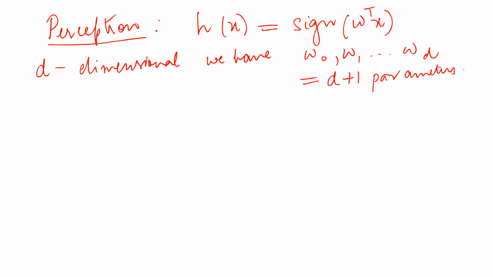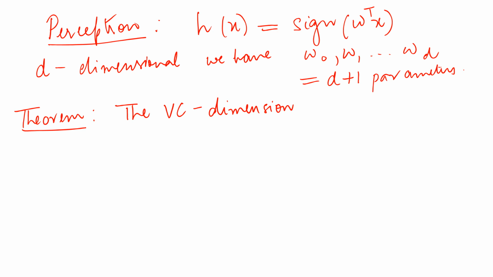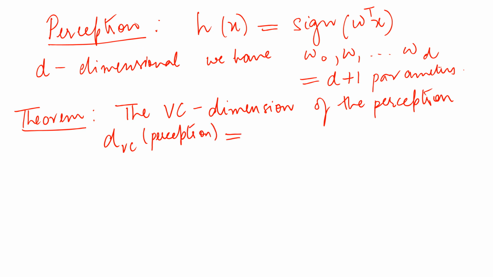Okay, so let me state this theorem for the perceptron, and this is particularly useful because we'll be working with the perceptron a lot. The theorem states that the VC dimension of the perceptron is d plus 1.